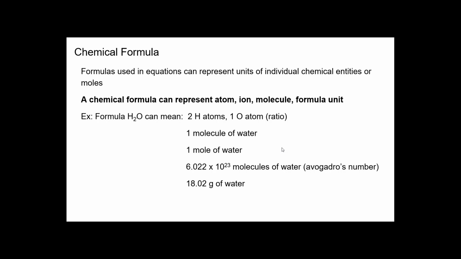That's a ratio. This means you have 1 molecule of water. You also have 1 mole of water. You have 6.022 times 10 to the 23 molecules of water, and you have a mass of 18.02 grams of water for 1 mole. So this one chemical formula can give you a lot of information, and these are all equivalent.